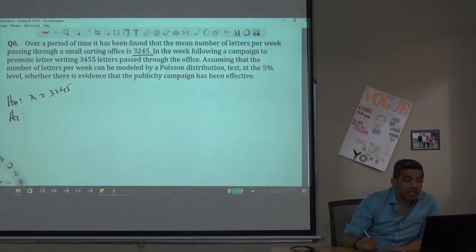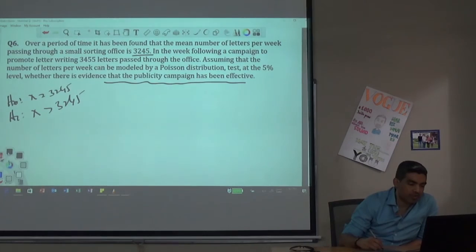Okay, so the publicity campaign has been effective. So they believe that the publicity campaign would actually promote the letter writing. So you feel that lambda is greater than 3 to 4, 5.